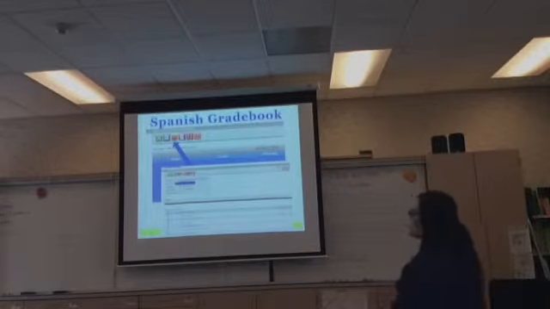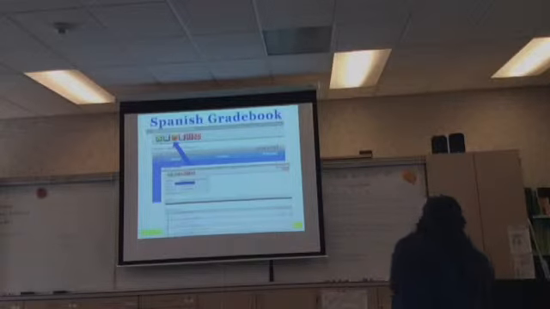Once you click into Middlebury PowerSpeak, on the upper left-hand corner, you're going to see that Apple tab, and that is where you will see your progress: total points, grade to date, and then down over here, any of the assignments that are past due will show up in red.